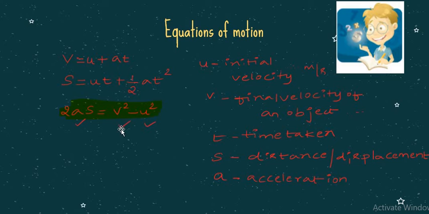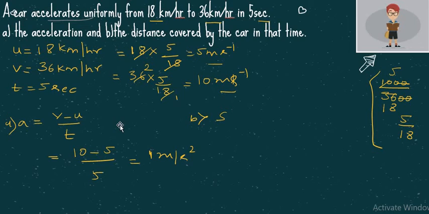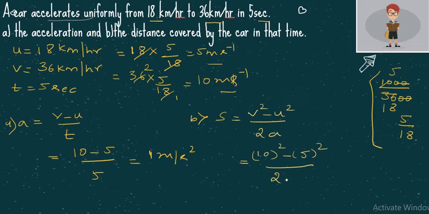You can take this expression, or else I can take this as v square minus u square divided by 2a. So with initial and final velocities, it is 10 square minus 5 square divided by 2 into 1.